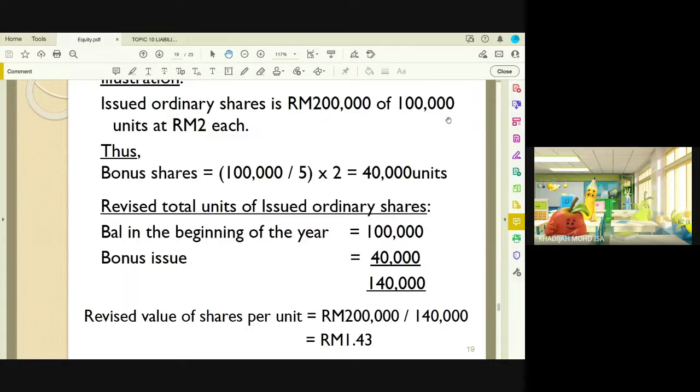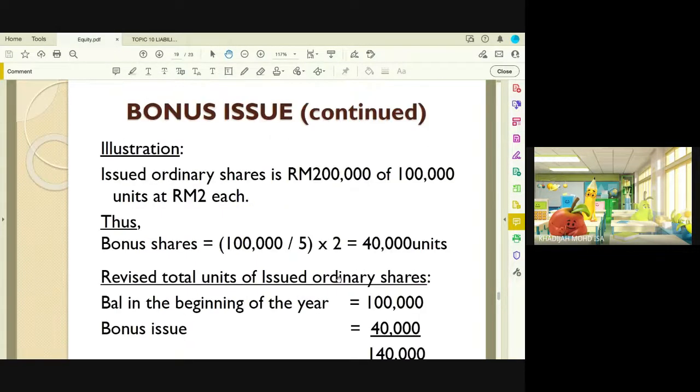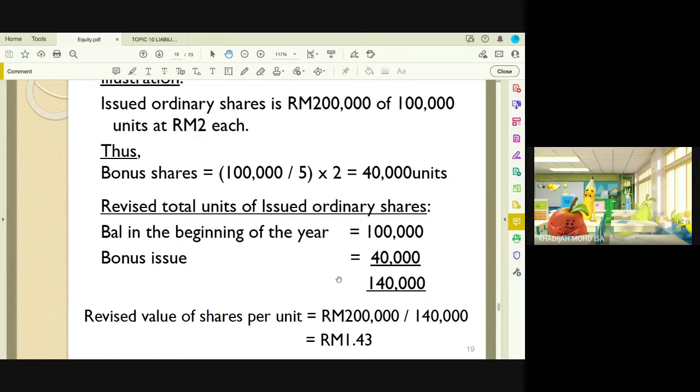So initially it was 2 ringgit each, now it becomes 1.43. That's why it is called dilution of the net asset value. The value of the shares was initially 2 ringgit each, but now it's only 1.43.